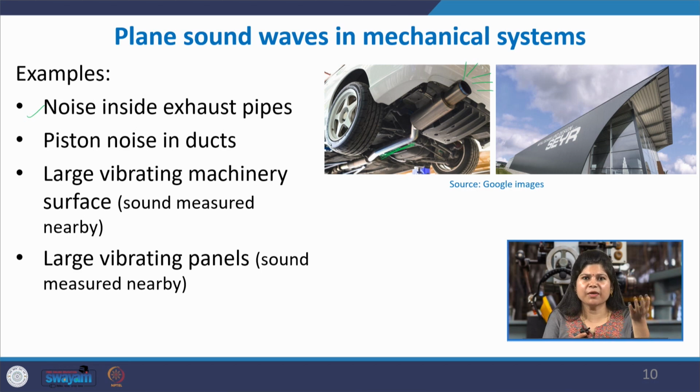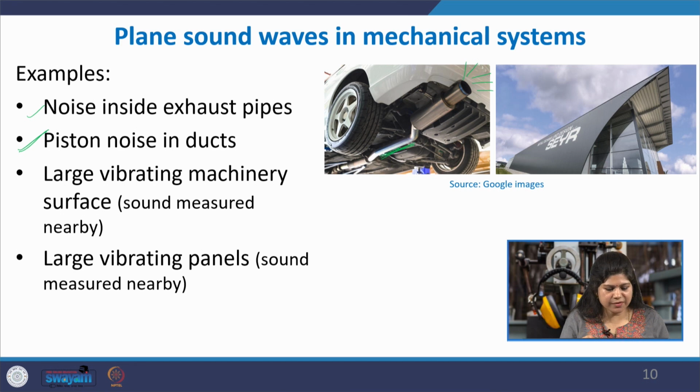Baffle is a term we will be using here, which means something that is infinite compared to the other components. So the sound suddenly experiences an infinite baffle and radiates outside into the infinite medium from a narrow tube. It behaves like a point source, and its wave front changes from planar to spherical in nature.